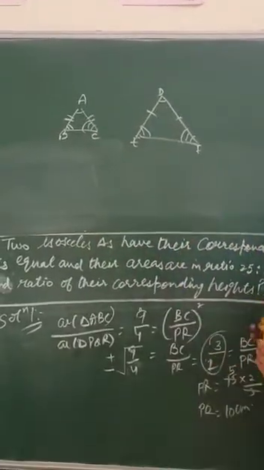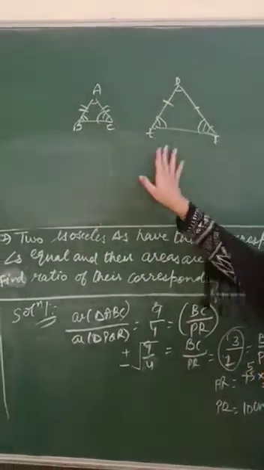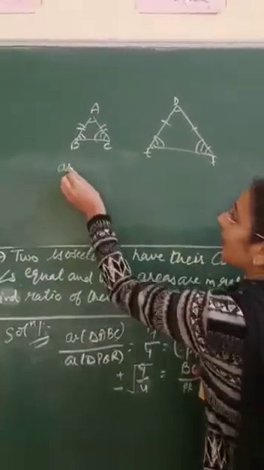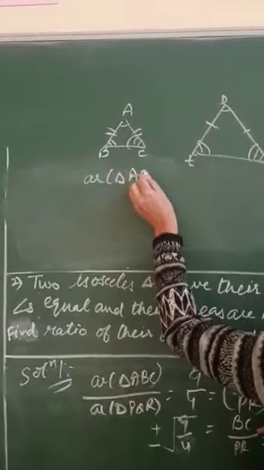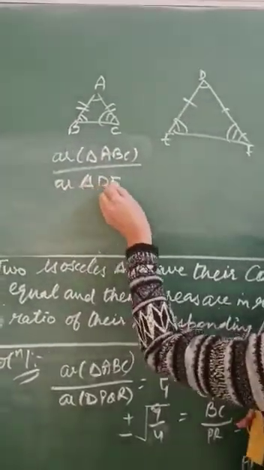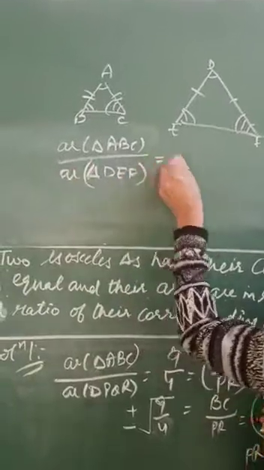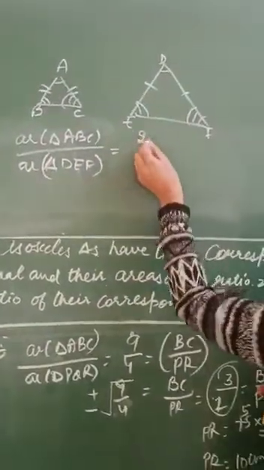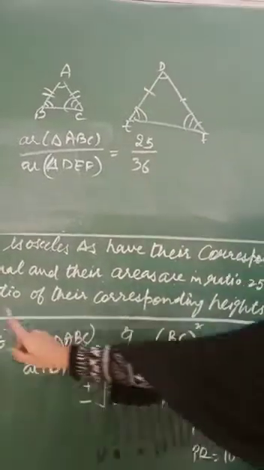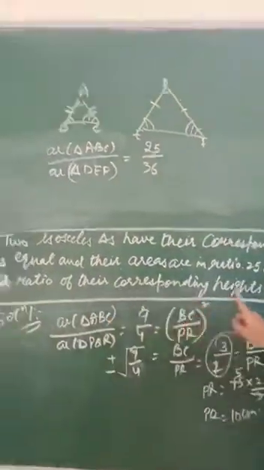We can say here by the angle property these two triangles are similar already. So this implies we can use the concept as area of triangle ABC upon area of triangle DEF. It is given to us, the ratio already, 25/36. Okay, and now they are asking to find the ratio of their corresponding heights.